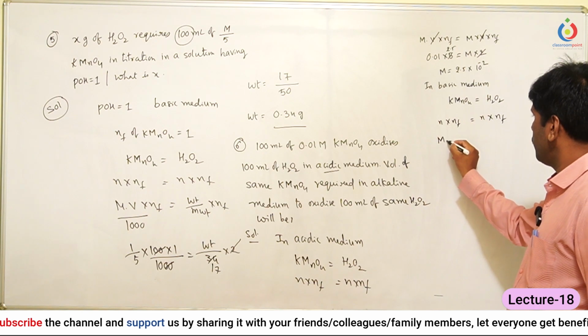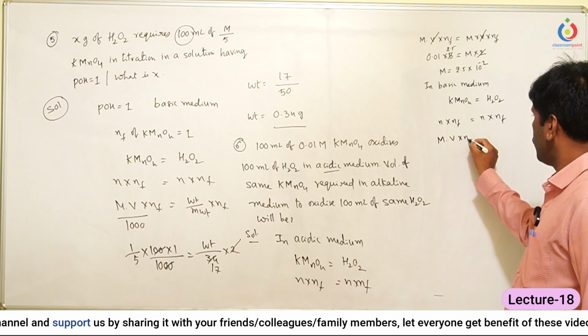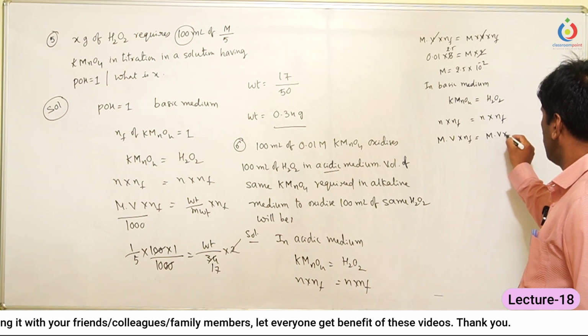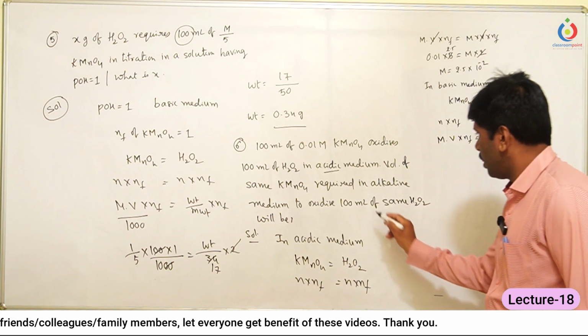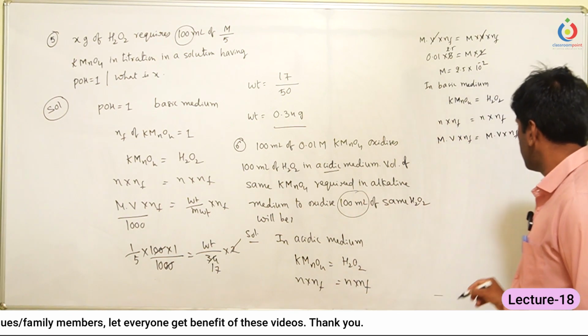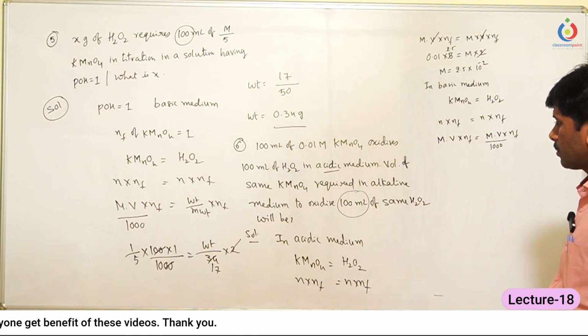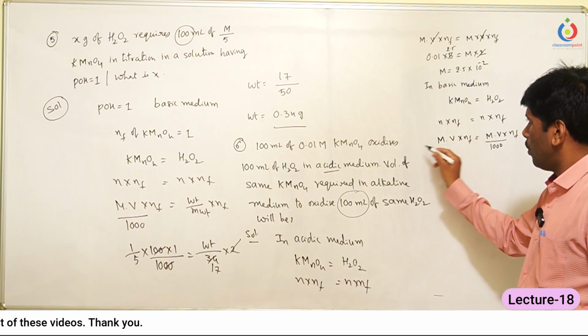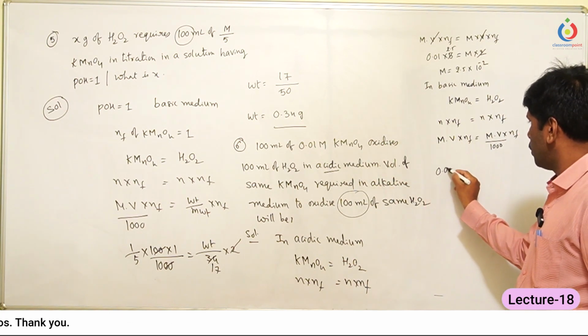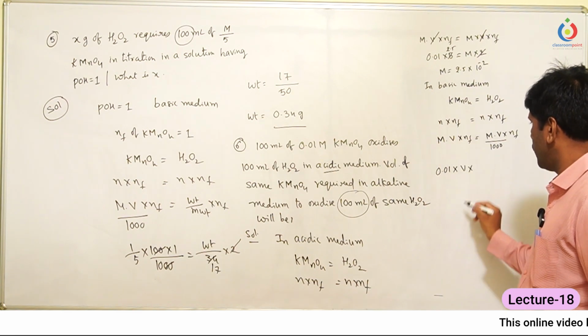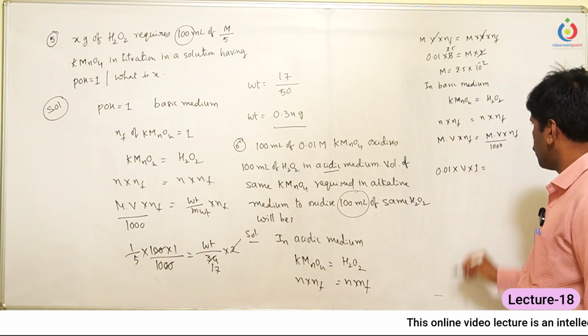So molarity into volume into N factor equals molarity into volume into N factor. The volume of H2O2 is given in milliliters, so let us divide by 1000. The molarity of the KMnO4 is 0.01, into the volume of the KMnO4 that we have to calculate, N factor value equals 1.